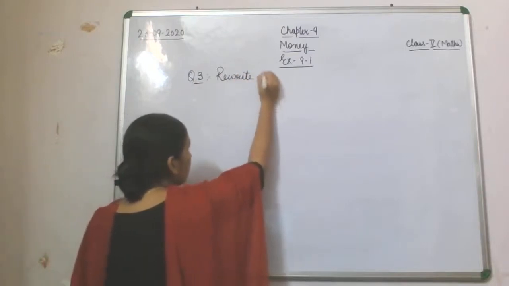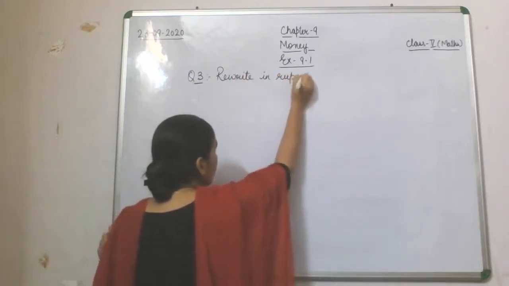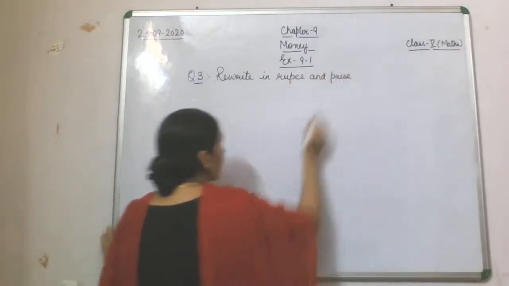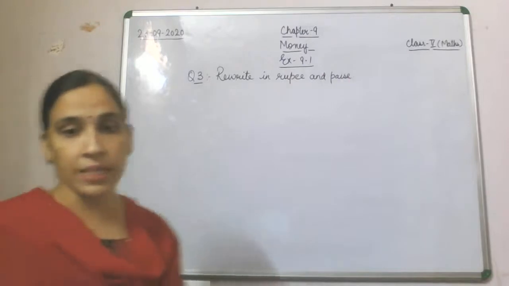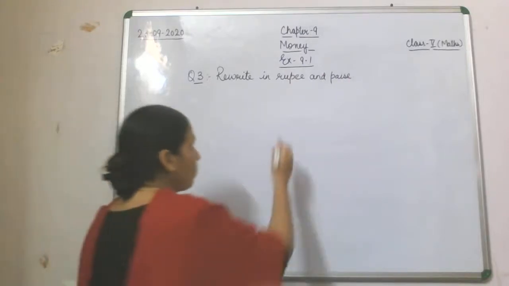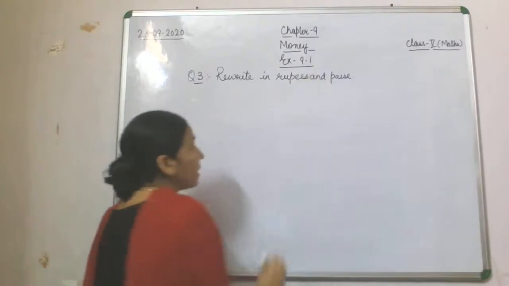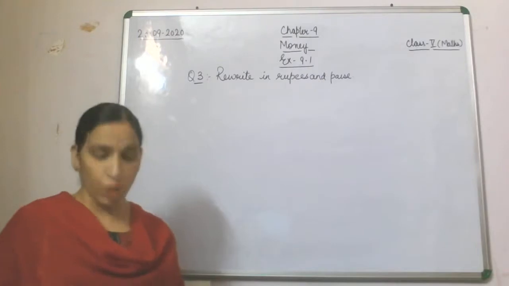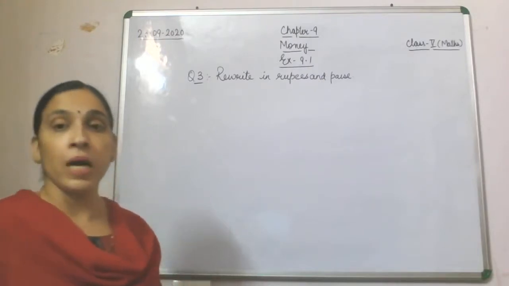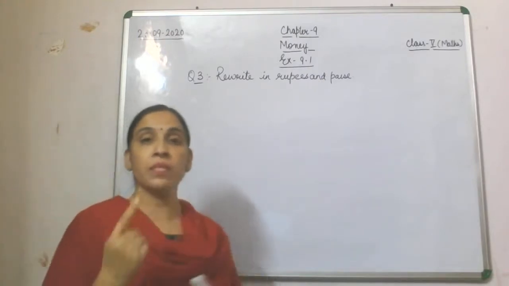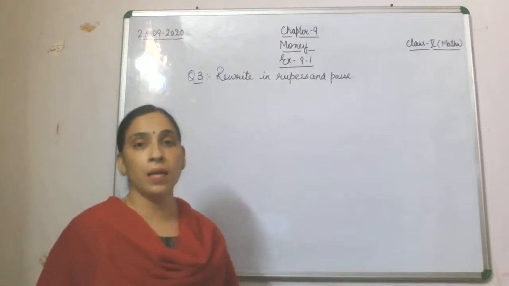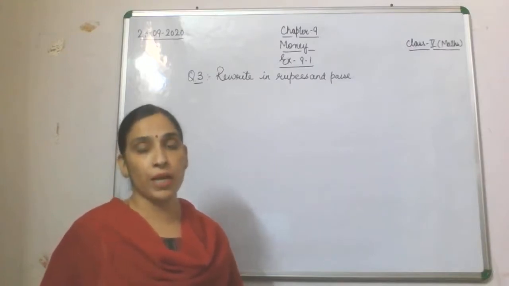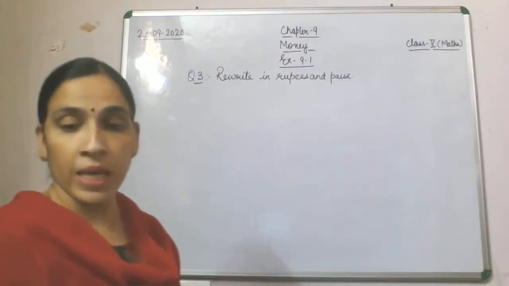Now I'll take the questions one by one and explain how you will write it using rupee and paise. Here you have been given the decimal representation of rupee and paisa, and you are supposed to write it using rupee and paisa. Let's see how.